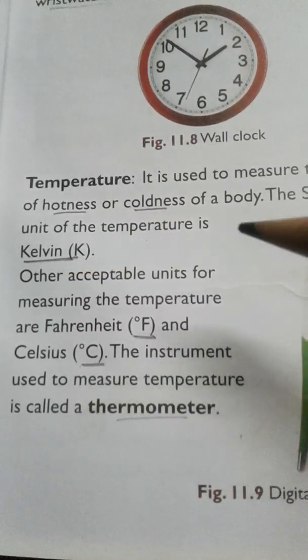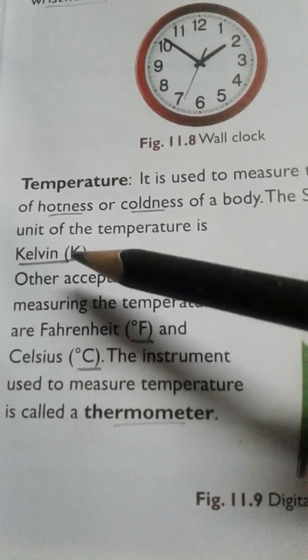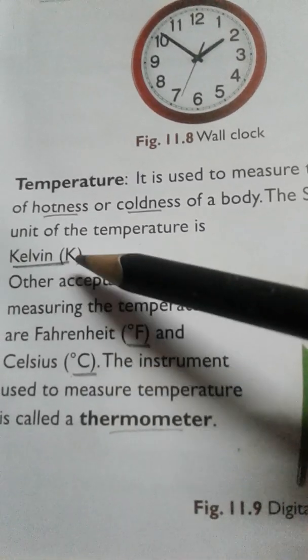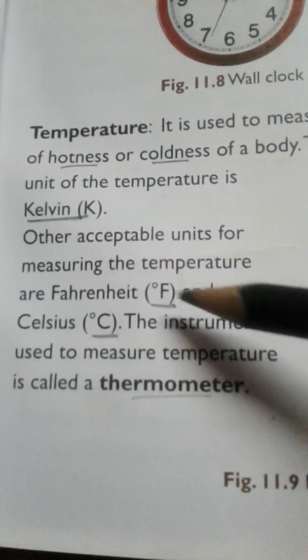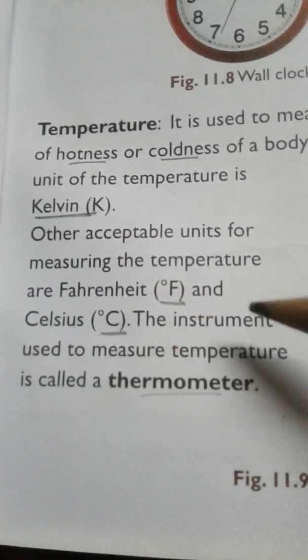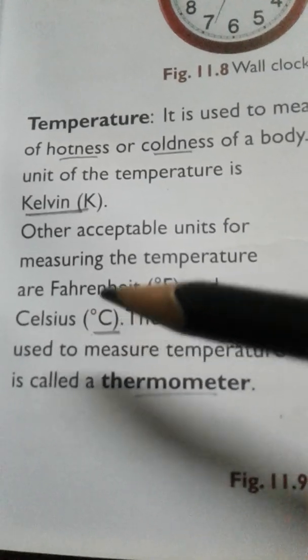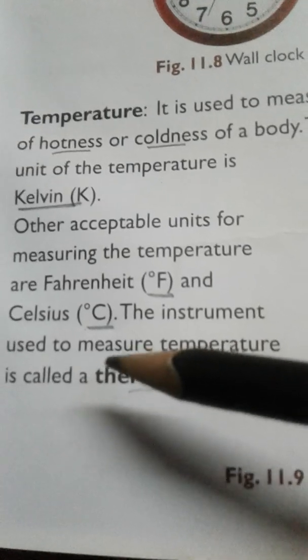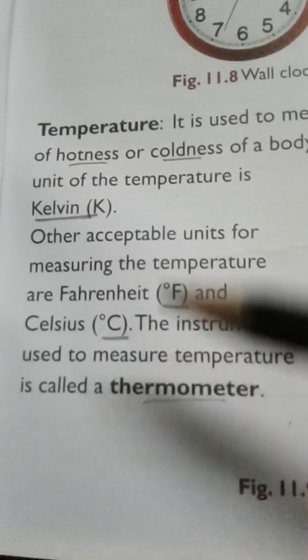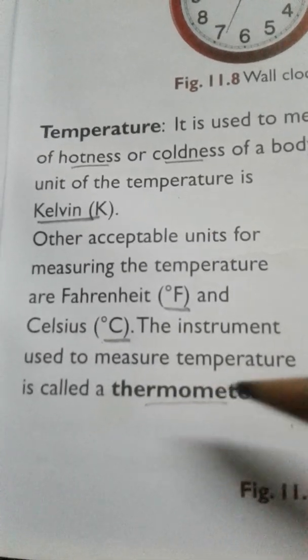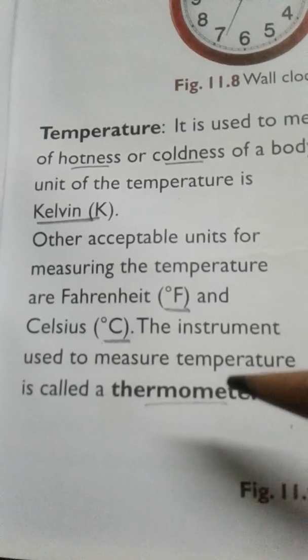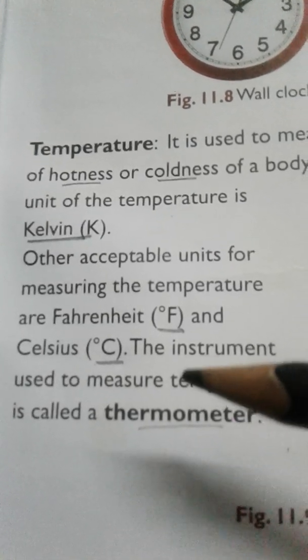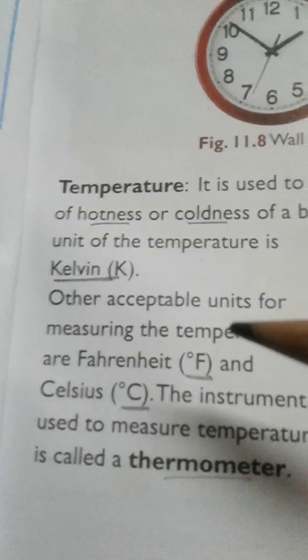SI unit of temperature is Kelvin, that is K. Other acceptable units for measuring temperature are Fahrenheit and Celsius. Degree Fahrenheit, degree Celsius. The instrument we use for the measurement of temperature is thermometer. We use it to measure our fever.